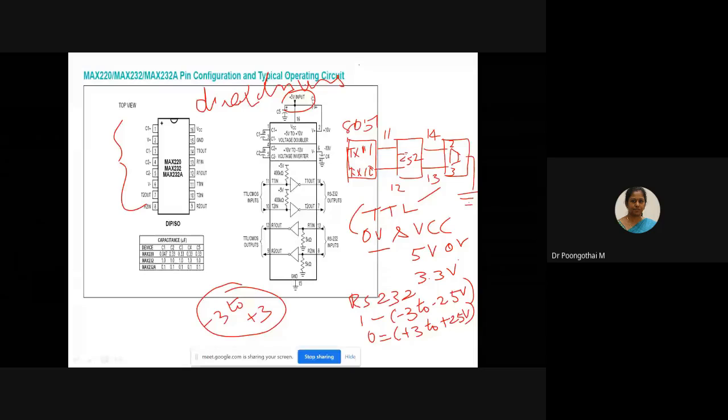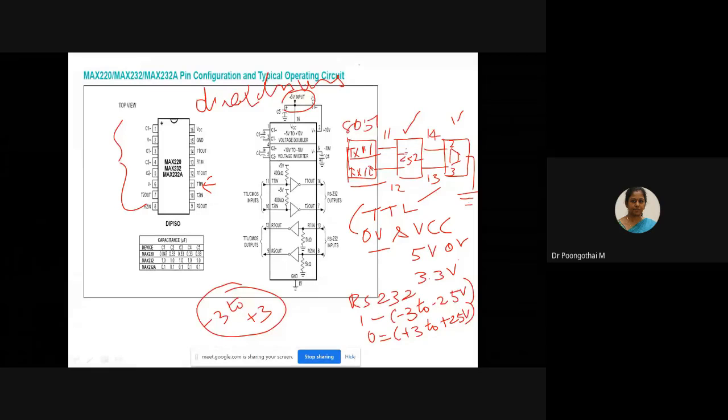So here you can look at this diagram. Here we have the 8051, this is your MAX232 IC, and this is your RS232 DB connector. The 11th pin is the TXD and the 10th pin is the RXD. This 11th pin is connected to the 11th pin of the MAX232 IC. This is the interfacing connection.